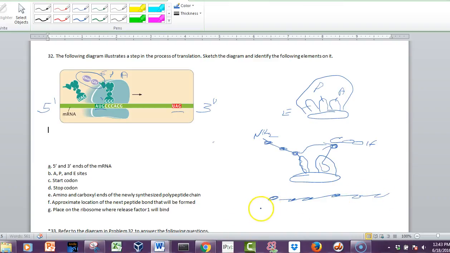and the first amino acid is the N terminus, meaning it has the amino group at this end, and down here it has a carboxyl group. And so we call that the N terminus and the C terminus.